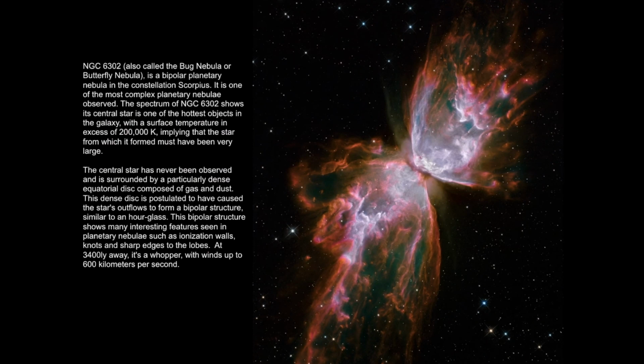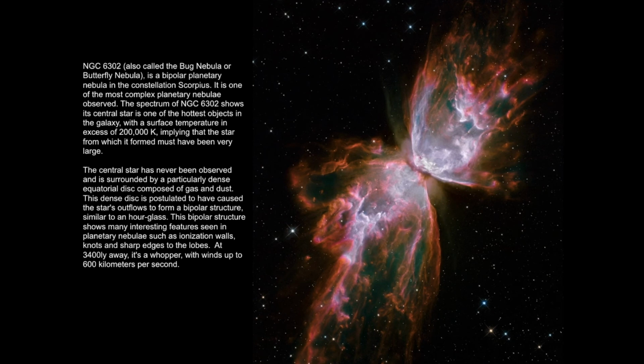And this was taken by the Hubble Space Telescope after the 2009 servicing mission. And this is the Bug Nebula, or NGC 6302. And the winds from these, we think, oh, just a stellar wind. No, these winds can go incredibly fast, up to 600 or 1,000 kilometers per second. So these winds, while they look very gossamer, are actually more terrifyingly fierce than the nastiest hurricane that's ever been unleashed on the surface of the Earth.